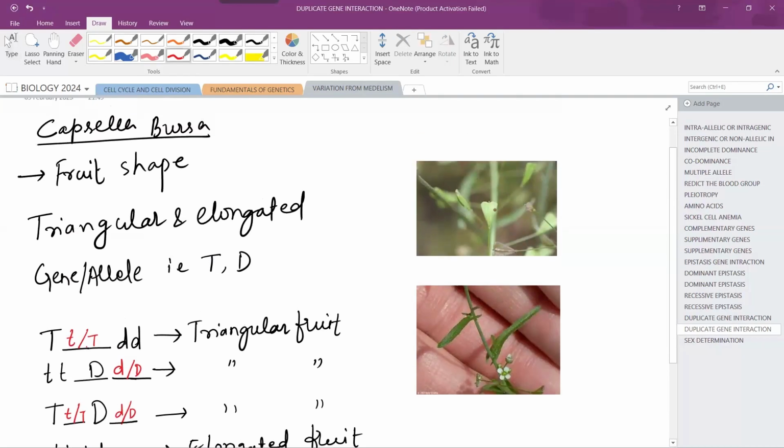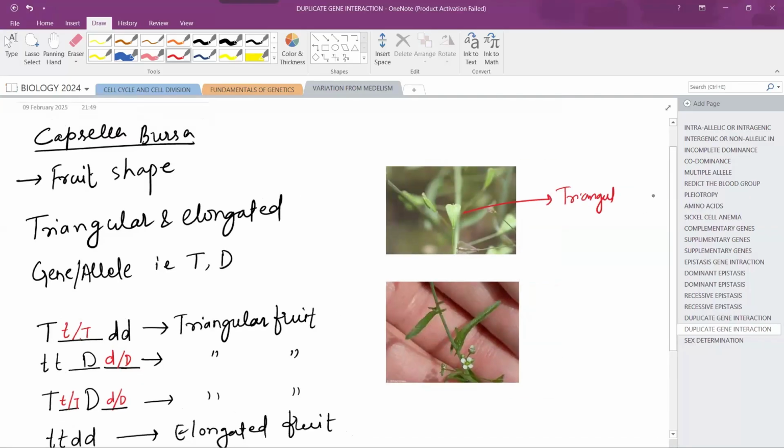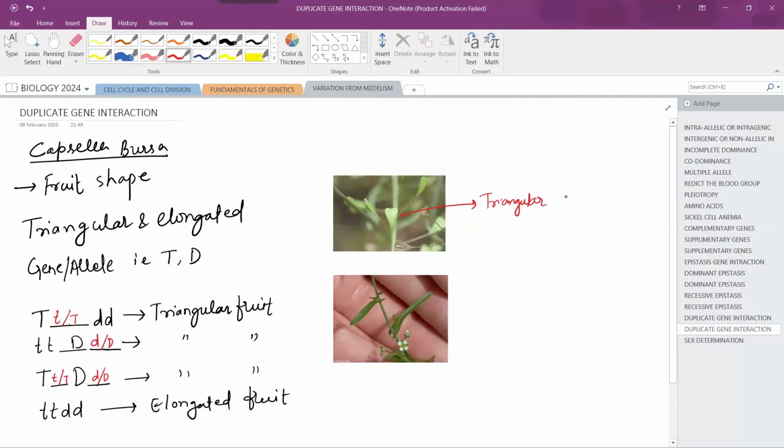So this is the triangular fruit. Triangular fruit, and this is elongated.